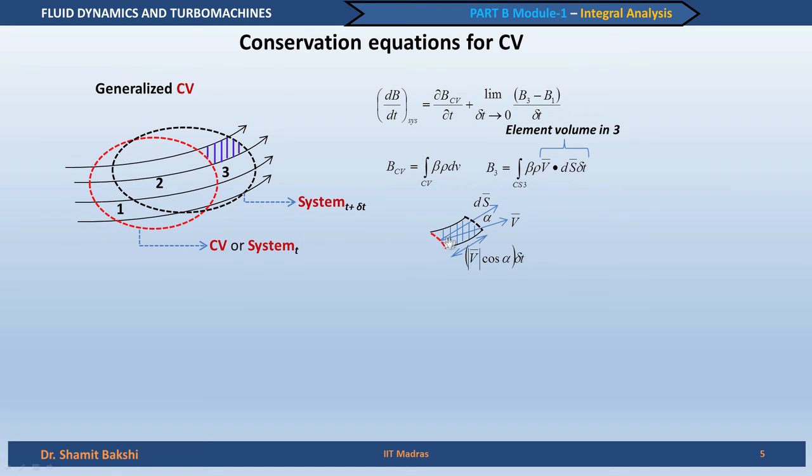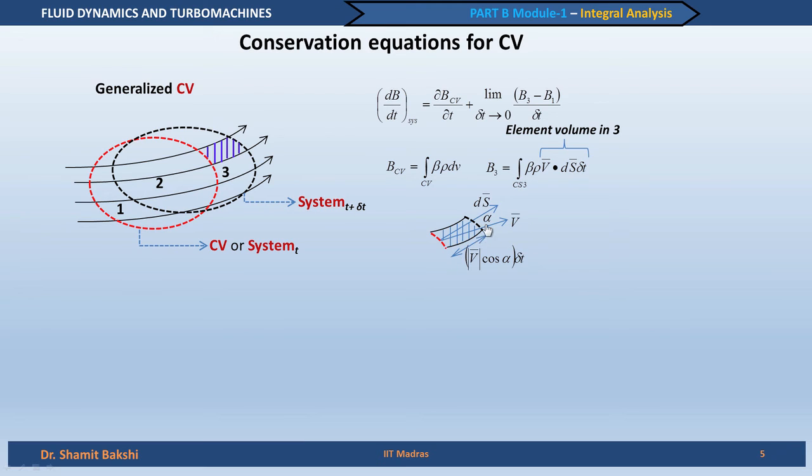Now, if you consider this, velocity in a generalized form is not oriented along the normal to the control surface, and let us say the angle between these two vectors is alpha. Then the component of velocity along this normal is the magnitude of V bar times cos alpha, and if you multiply that with the time duration delta t, what you get is the distance travelled.